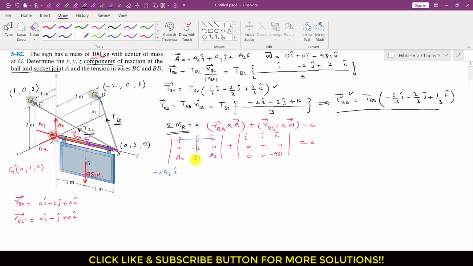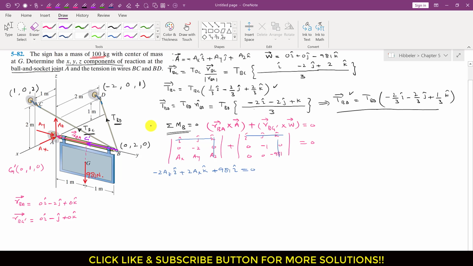Similarly, this is 0 into 0, so 0 j, and 0 AY, and this is plus 2AX, so I will write plus 2AX into k. Similarly, minus into minus 981 is plus 981 i, plus 981 minus 0, so this is 981 i, and then 0 j and 0 k. So this will be equal to 0.